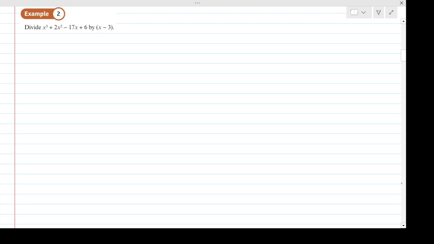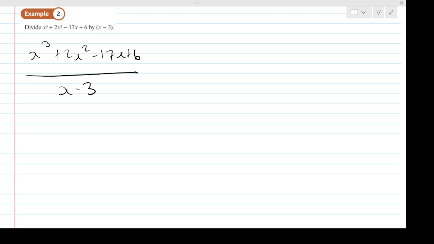Let's have a look at an example then. Okay, so we want to divide x cubed plus 2x squared minus 17x plus 6 by x minus 3. In other words, this is saying x cubed plus 2x squared minus 17x plus 6 over x minus 3. We set it up in a very similar style to how we do division for normal numbers.